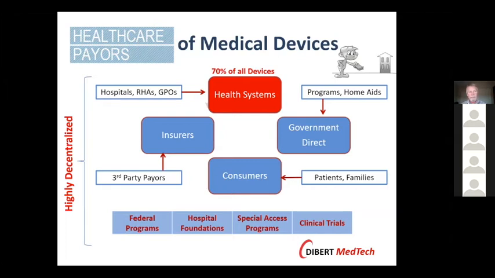A physician can apply and in some cases get a response in a couple hours to say, yes, you can bring this product into Canada and buy it for your patient. So special access. And the last one is clinical trials, or investigational testing, the technical term for devices. So they'll also purchase trials. But the main 4 payers are health systems, insurers, consumers, and government direct.